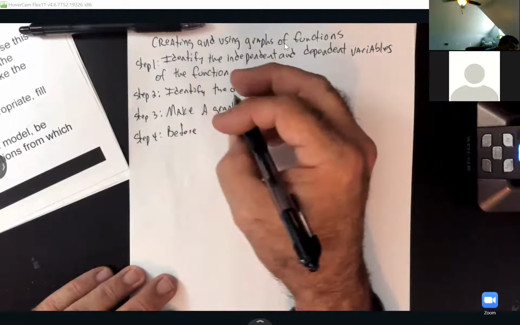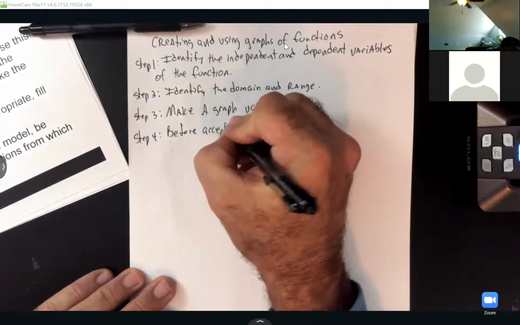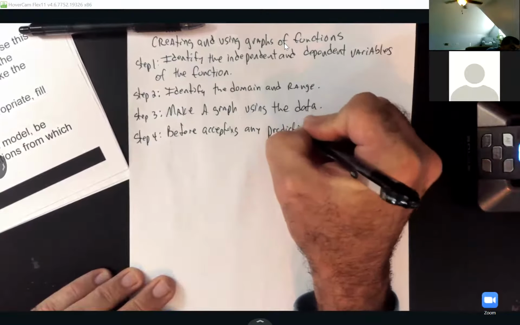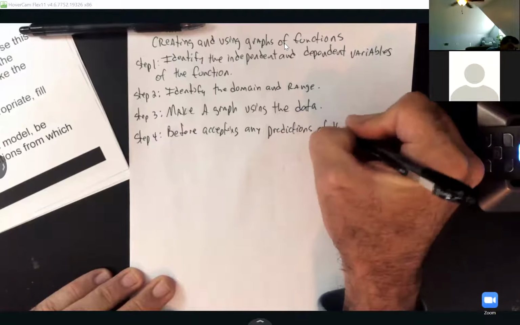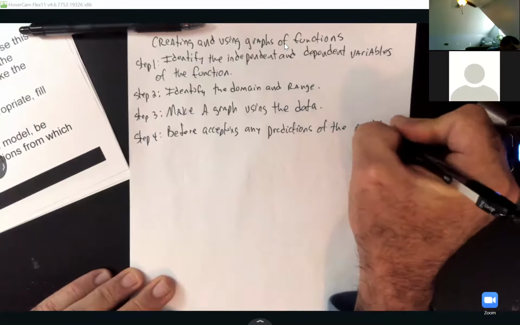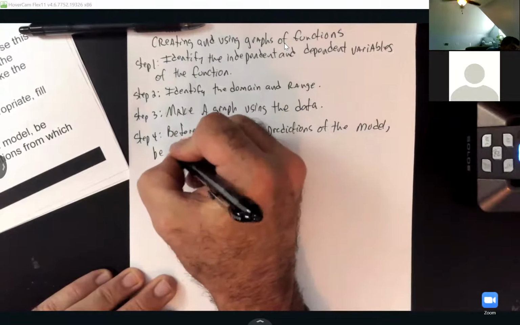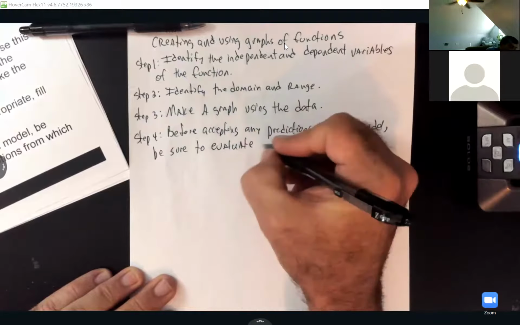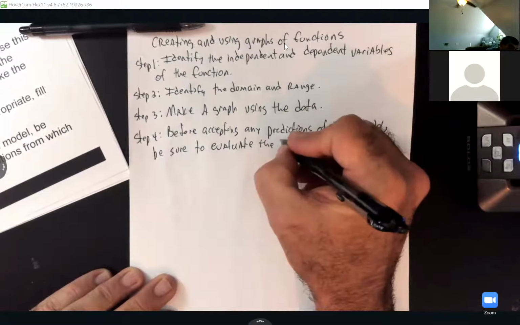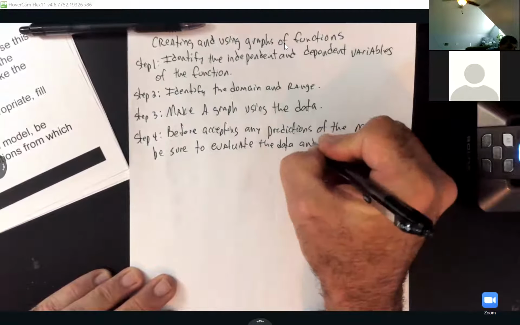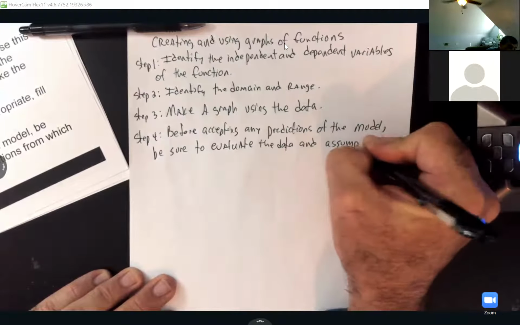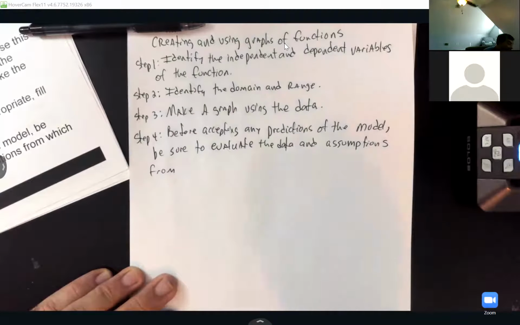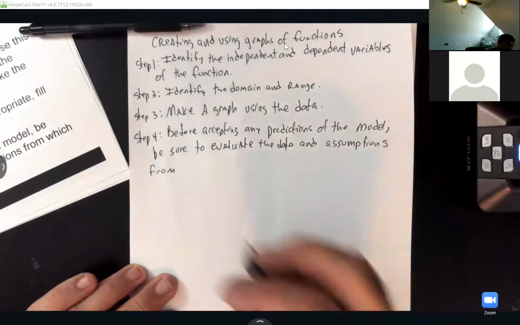So before accepting any predictions of the model, be sure to evaluate the data and assumptions from which the model was built.